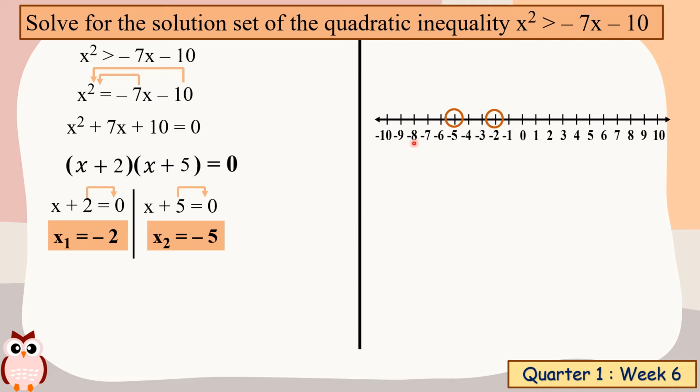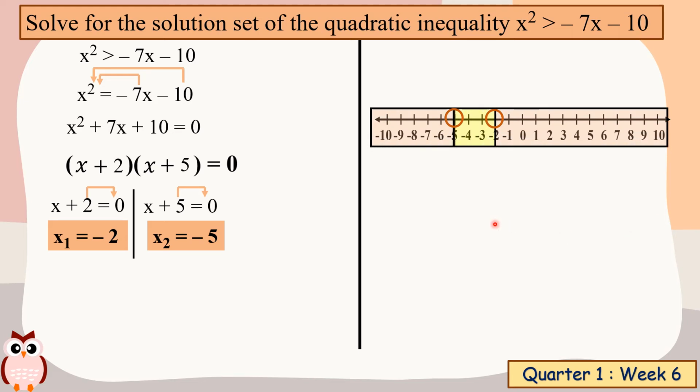So as we plot the two roots on the given number line, as you can see, we have three regions. The first and the third region will be our option if this will be the solution set of our given quadratic inequality.